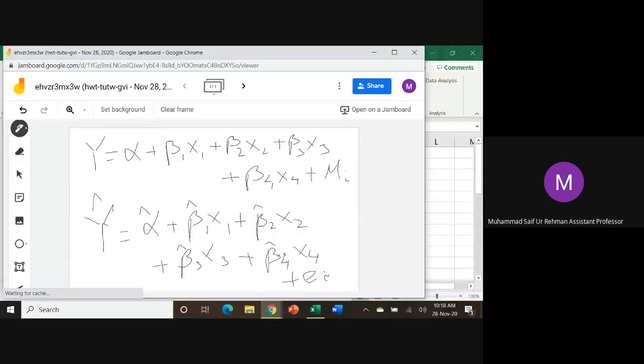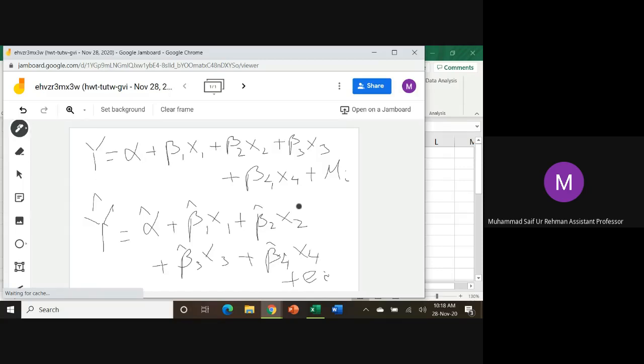Ei is basically the sampling error, or residual value, when we take into our account the sample data. As we take the sample data, we are interested in these parameters, alpha hat and beta hat, these estimators.